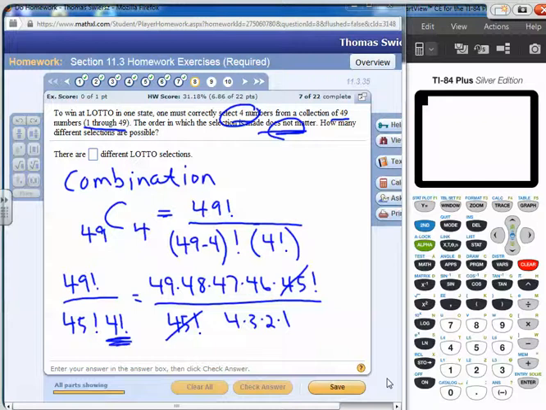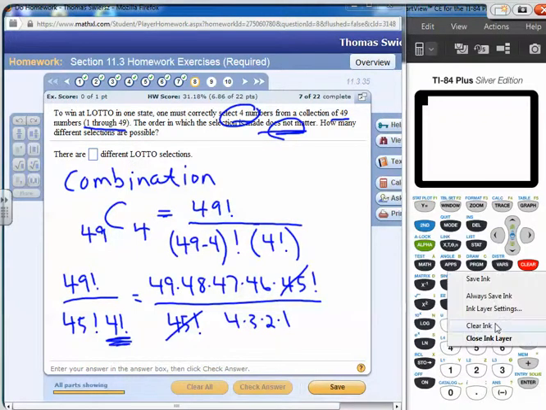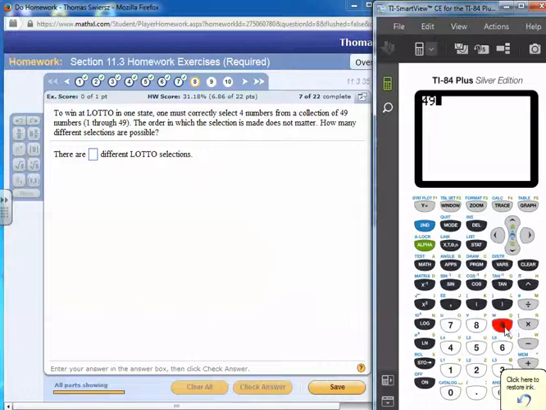So again, if we do that on the calculator, we would have 49 times 48 times 47 times 46, divided by 4 factorial, 4 times 3 times 2 times 1. Did something wrong. All right, let's try that again.